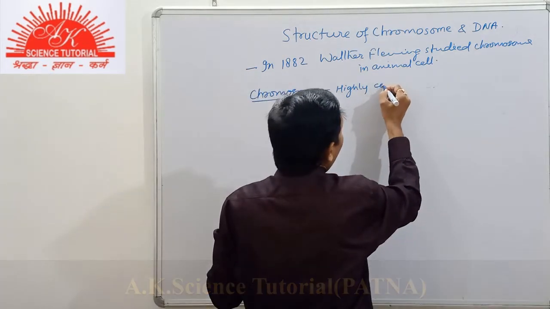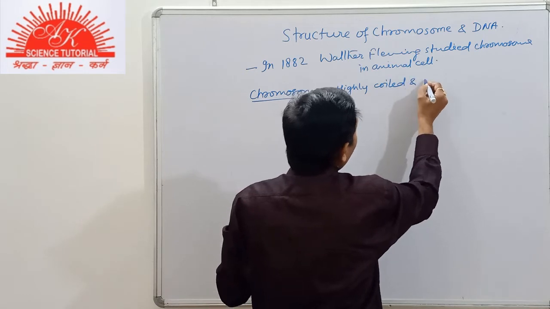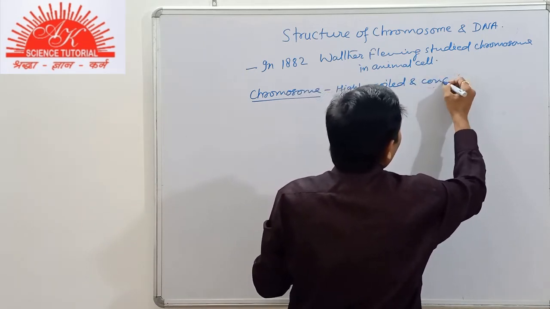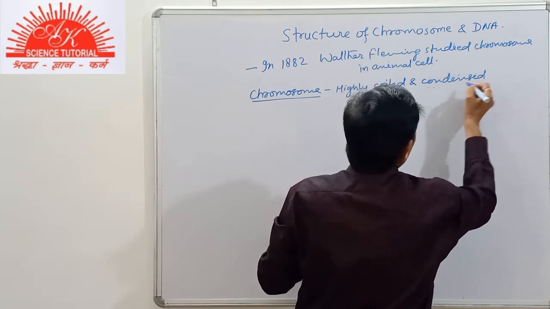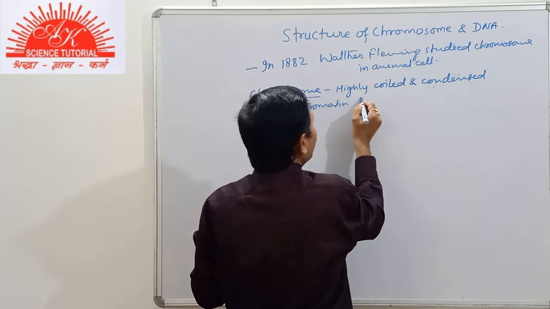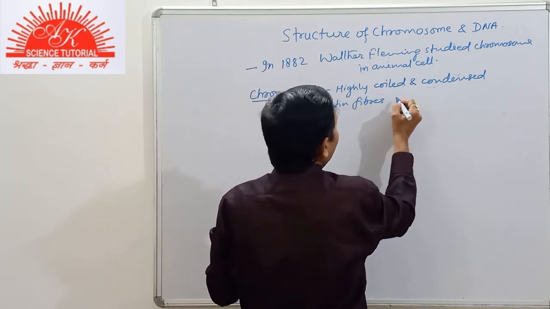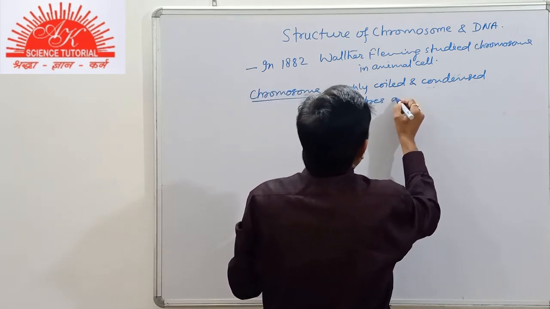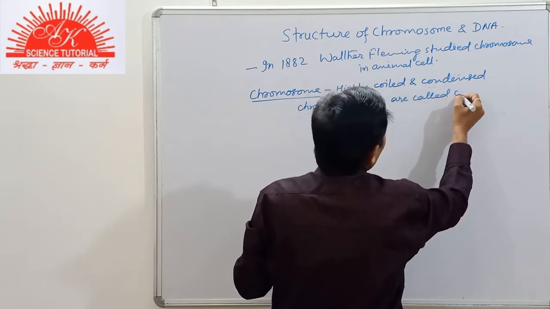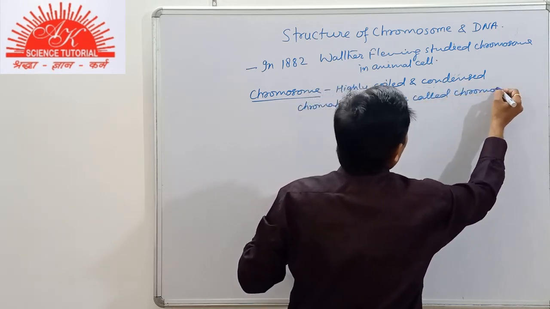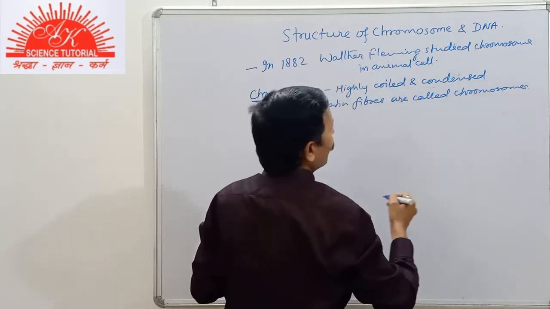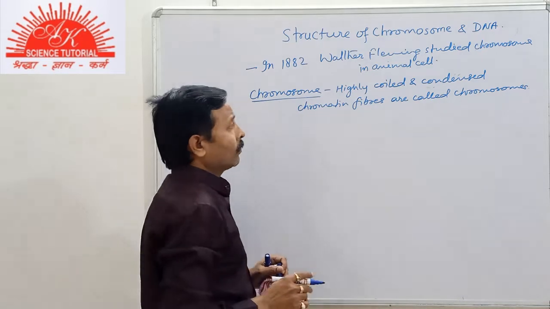Highly coiled and condensed chromatin fibers are called chromosomes. So this is chromosome.